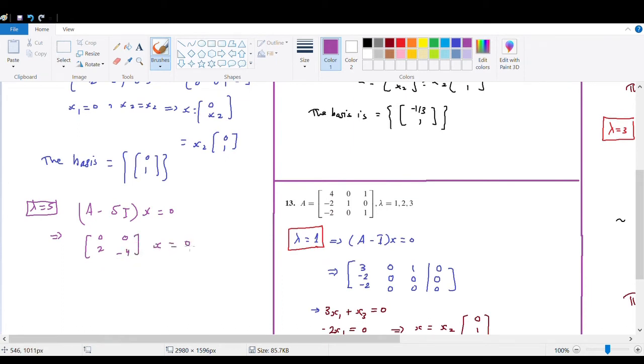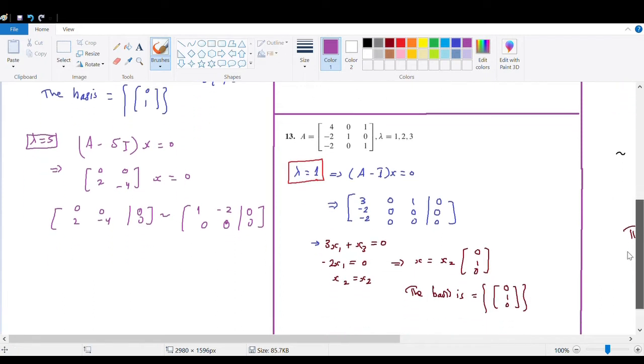So now we need to solve this system: 0, 2, 0, minus 4, 0, 0. If we do row operations, we can swap the rows and divide by 2, and we get 1, minus 2, 0, 0.